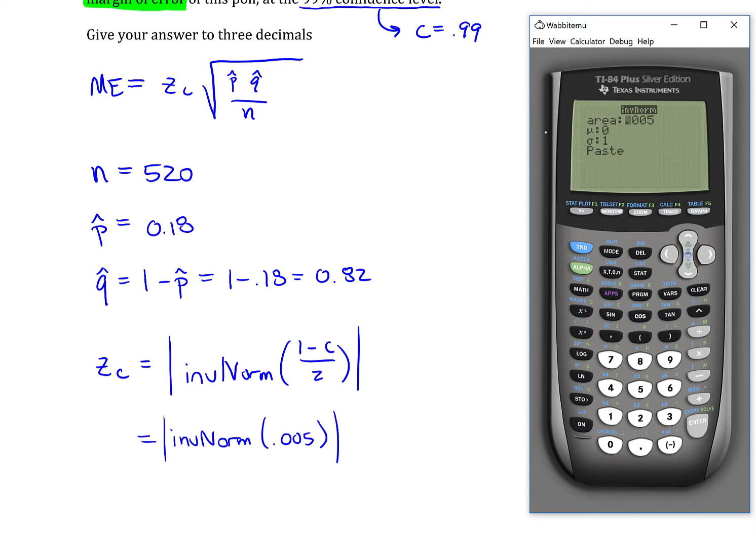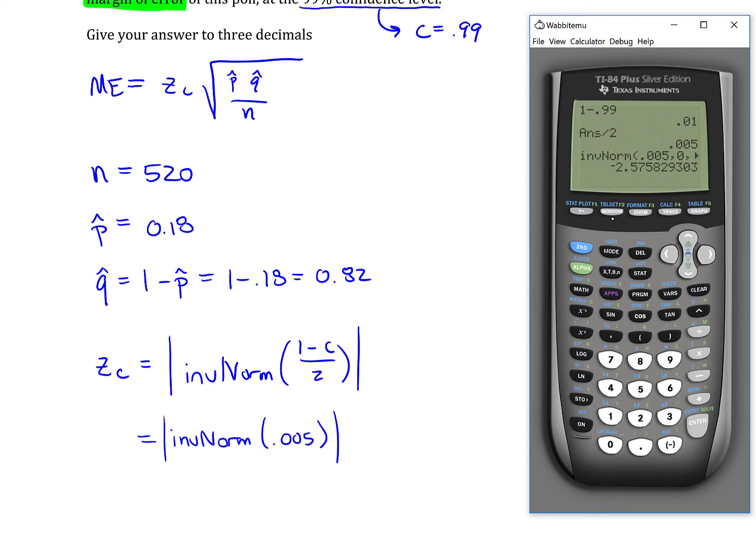If you have the stat wizards turned on, you're seeing this menu like I have here, but if it's not turned on, that's fine. You just type in 0.005 and press enter. The mean and standard deviation are 0 and 1 respectively because I'm using a standard normal distribution. So just paste that onto the home screen and press enter.